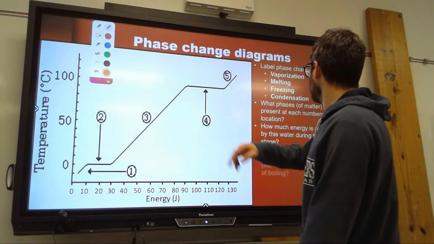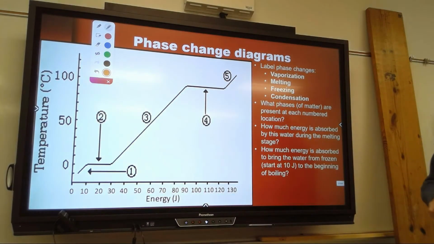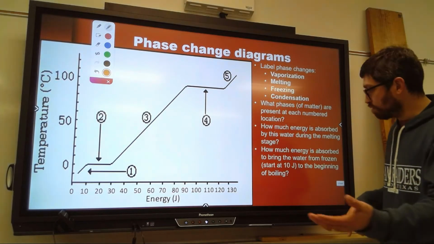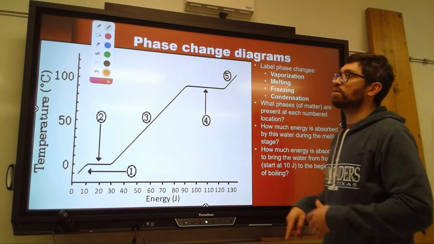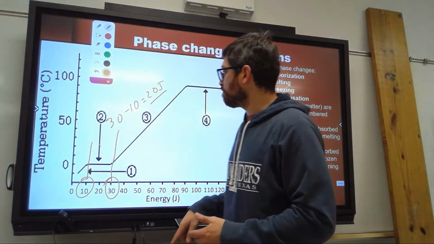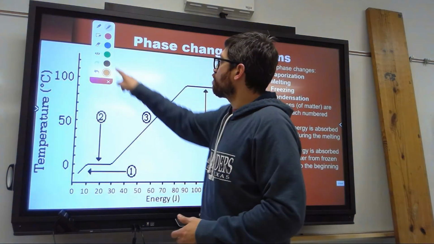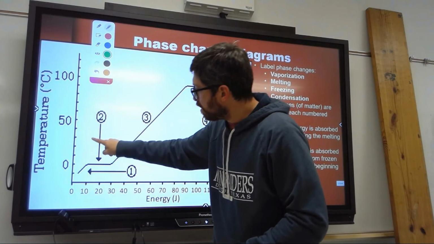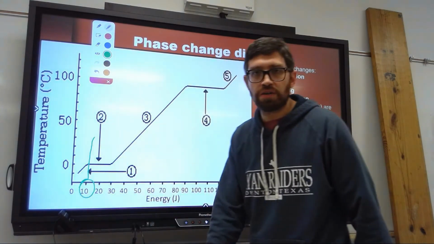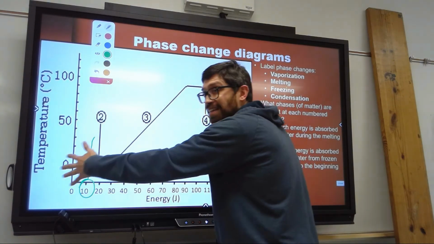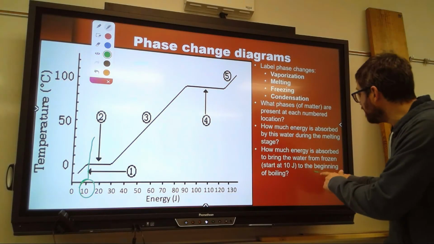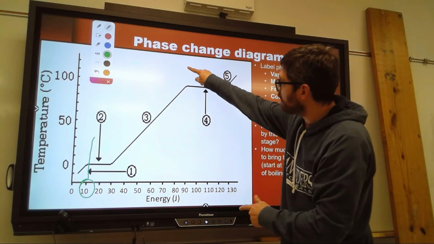What does the next one say? How much energy is absorbed to bring the water from frozen, and it says to start at 10 joules, to the beginning of boiling? Again, you've got to know where this stuff is. Frozen, we're going to start from 10 joules. It specifically says to start right here. So we're going to bring it from this frozen state, begin to melt it, and then take it all the way through to the beginning of boiling, which is right here.